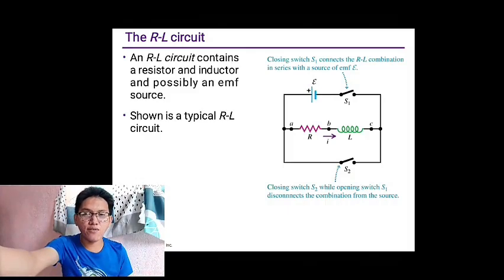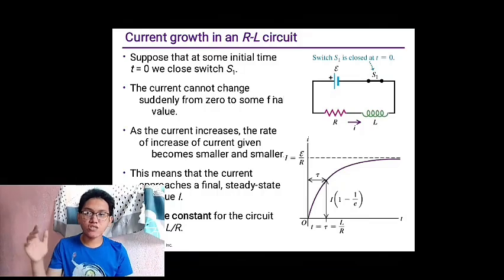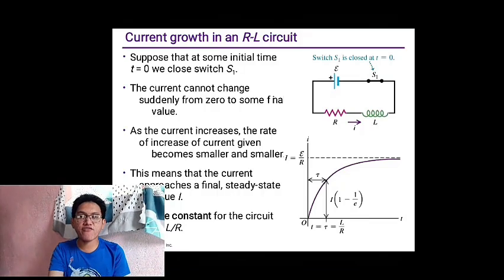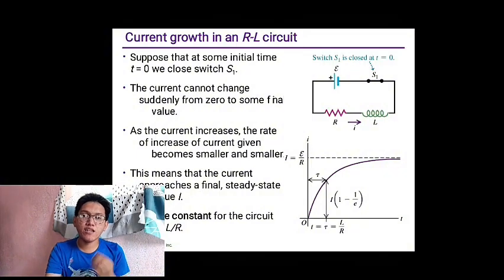So the current grows in the RL circuit; the current gradually increases and approaches a final steady value. The current I is equal to the electromotive force over the resistance.